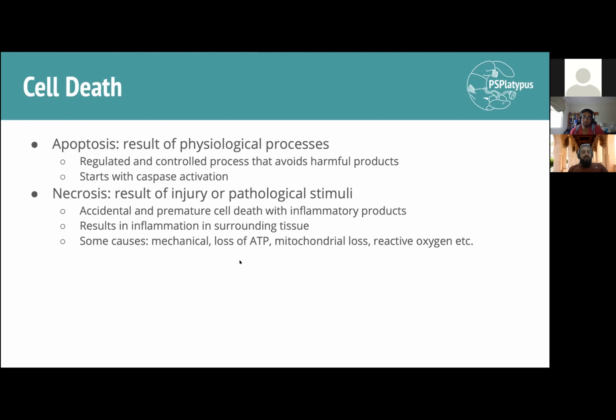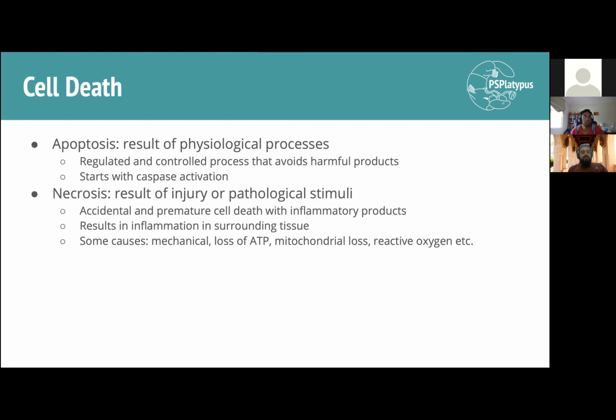And finally, cell death. We went through this before in week 1, and we will go through this again next week in much more depth. We have two pathways for cell death: apoptosis and necrosis. Apoptosis is a result of physiological processes, so it's completely normal. It's very systematic, organized and controlled, and it starts with caspase activation.